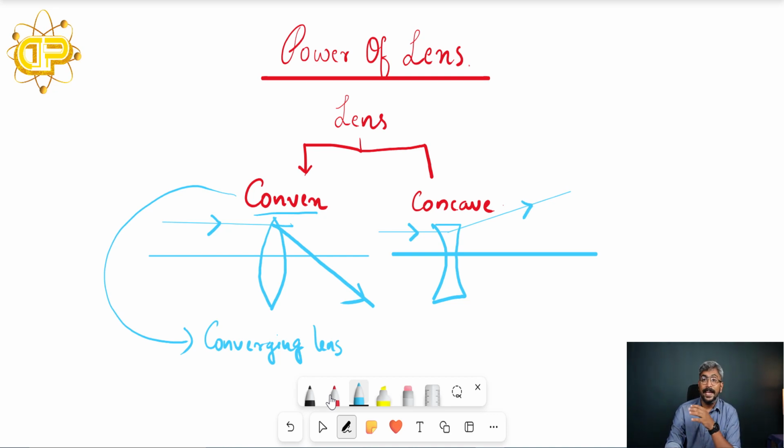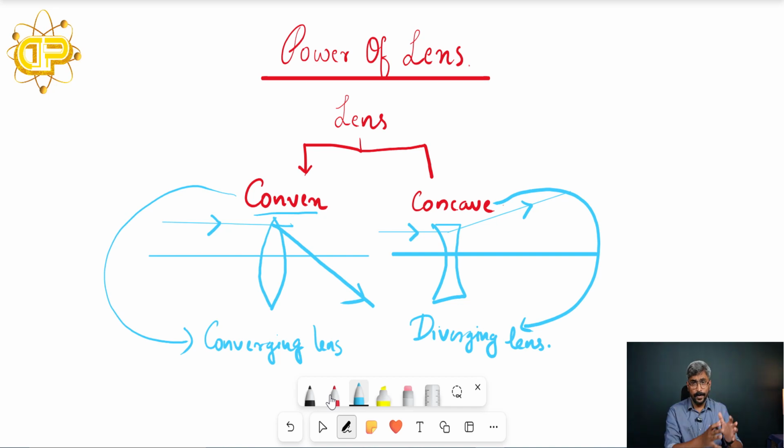That means it is diverging all the rays of light which are falling on that lens. We call this concave lens a diverging lens. So we have seen two types of lens and how the light will refract after falling on them.